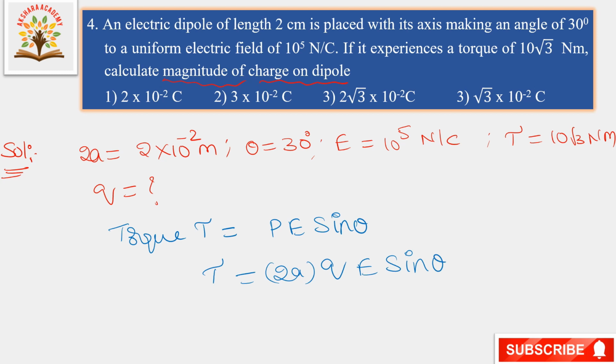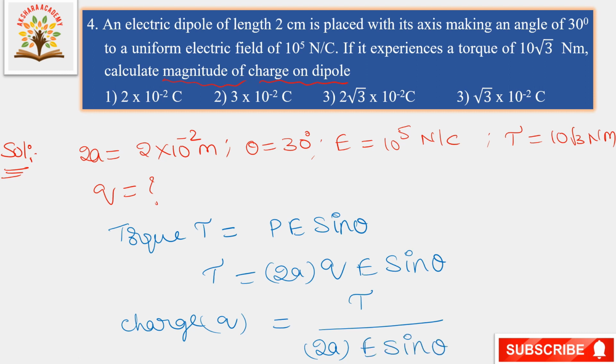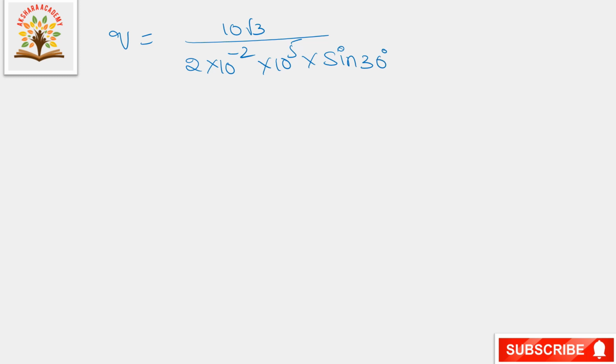Now charge q is equals to tau by 2a into E sin theta. So now substituting all values in this, we get q is equals to 10 root 3 by 2 into 10 to the power of minus 2 into 10 to the power of 5 into sine 30 degrees.